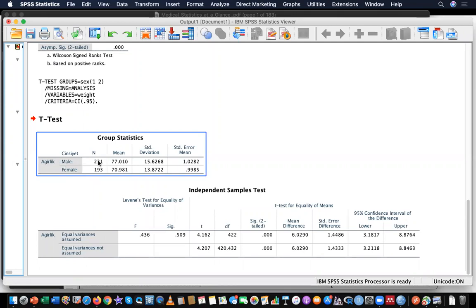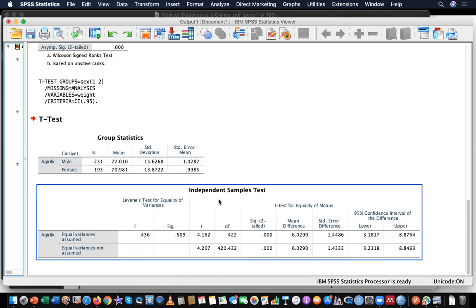We have the mean weights, 77 kilograms and 70 kilograms. This is what we want to compare. But the independent samples t-test computer output first gives us something else, the Levene's test for equality of variances.